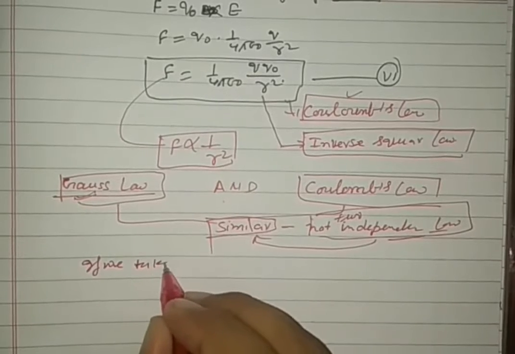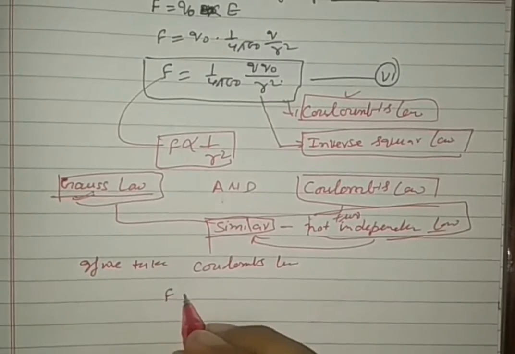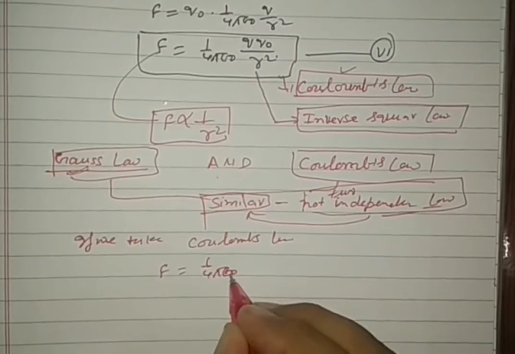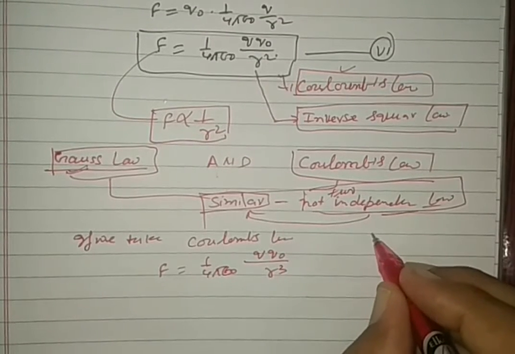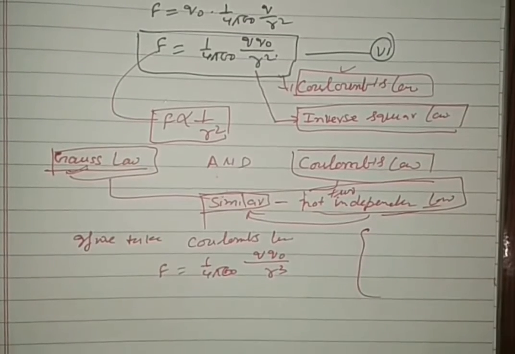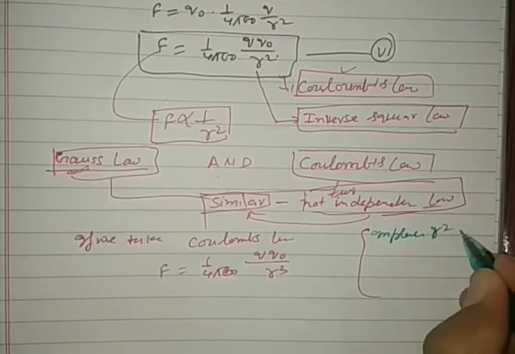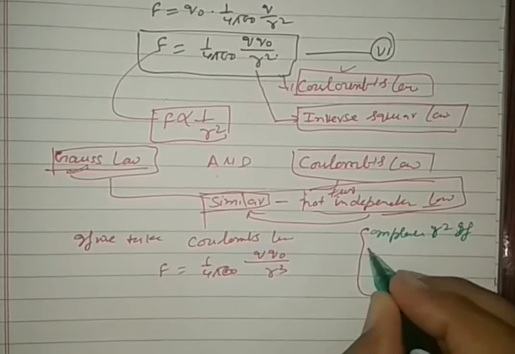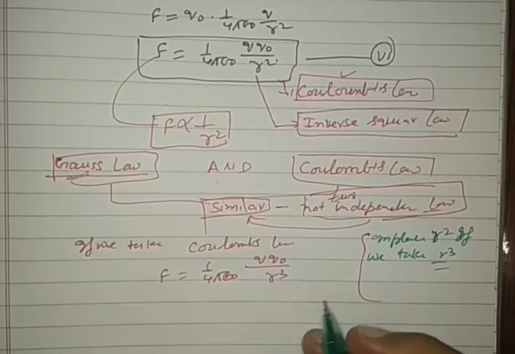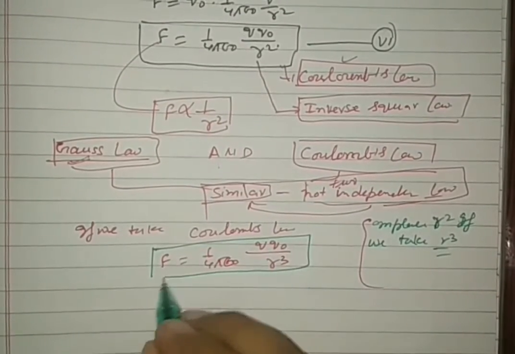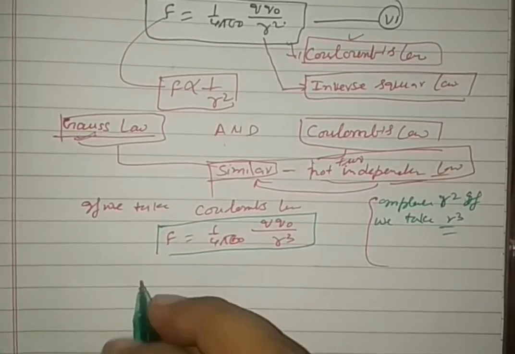If we take Coulomb's law, F is equal to 1 upon 4 pi epsilon 0 Q Q0 by R cube, in place of R power 2, if we take R power 3, then see what happens.